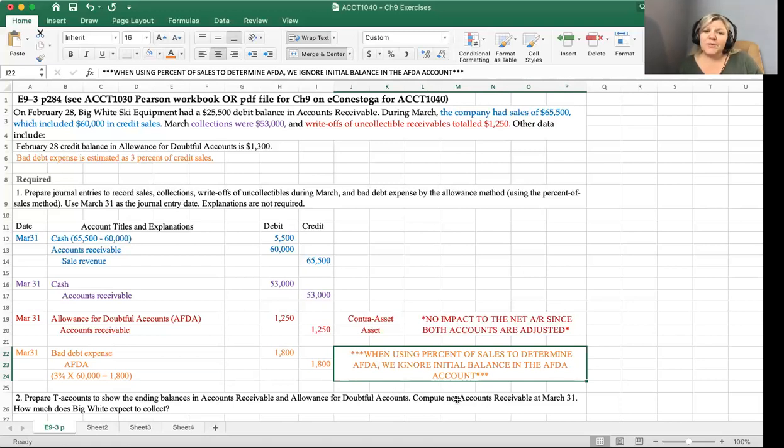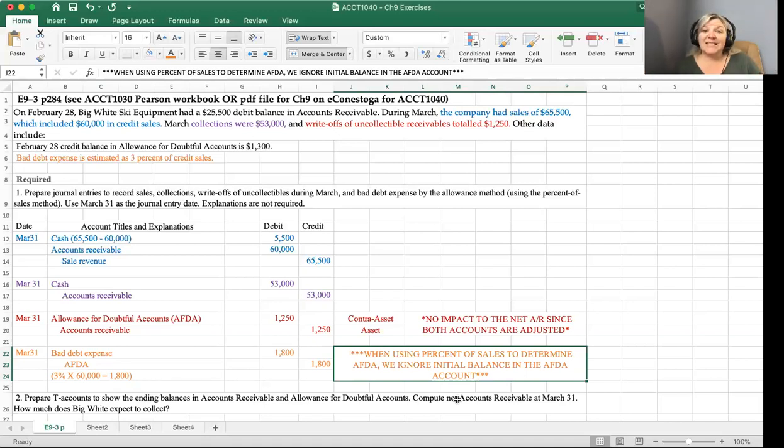I've made a little note for you off to the side here. When you use percent of sales under the allowance method to determine allowance for doubtful accounts, we ignore the initial balance in the allowance for doubtful accounts account. As you were working through your DSMs in Pearson, you may have noted that sometimes we do include the initial balance in the allowance for doubtful accounts, and sometimes we don't.